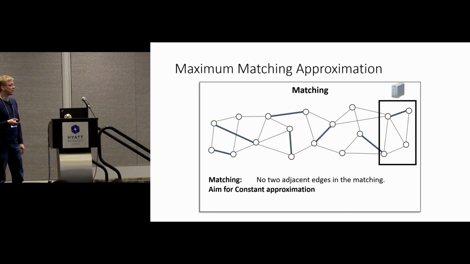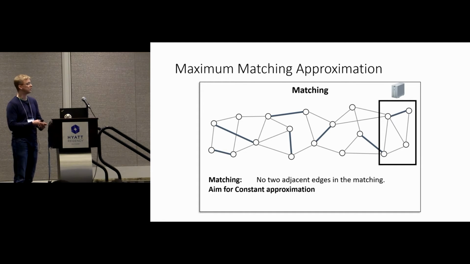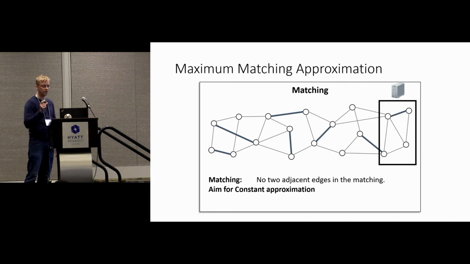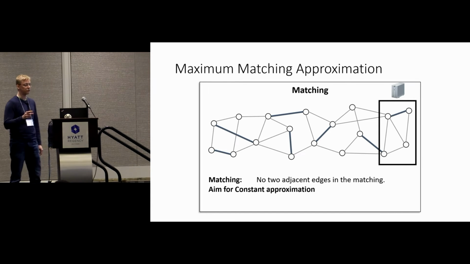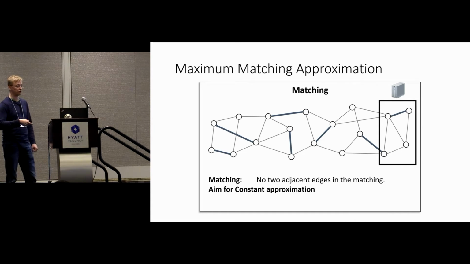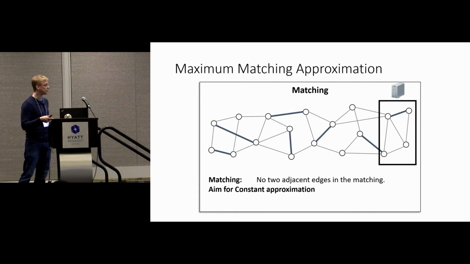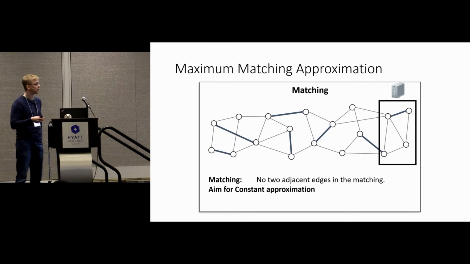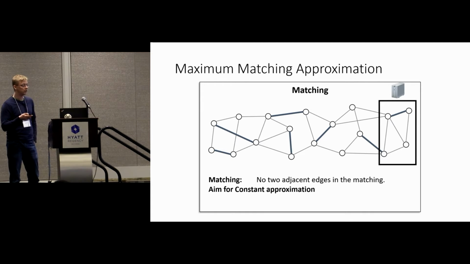But actually, I'm going to require that the machine that gets assigned some edge in the beginning, in this division of the graph, has to say in the end whether its edges are in the matching or not, for every one of the edges separately. And I'm going to care about, again, this matching problem. It's not the maximal matching, but approximating the maximum matching. But actually, all of the stuff I'm saying also holds for these maximal matchings.